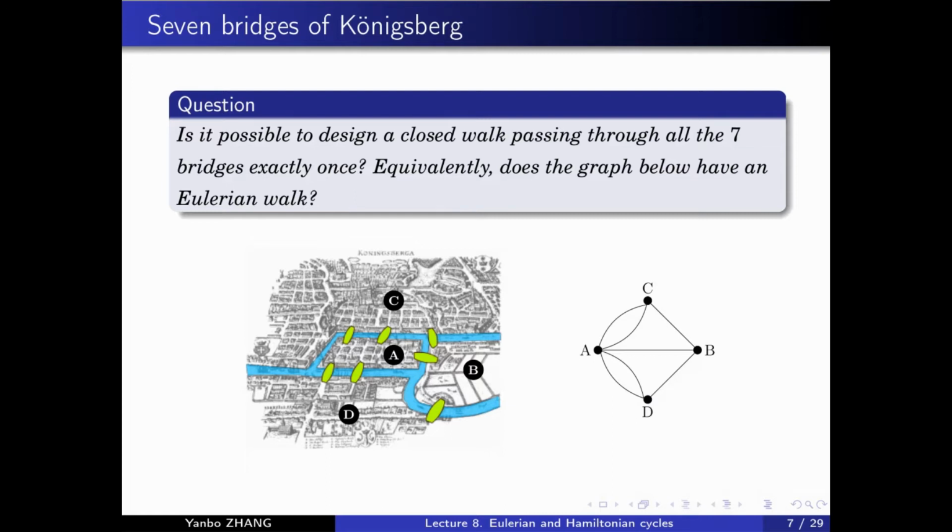This is the origin of graph theory. We can abstract the graph on the left into the graph on the right. Every vertex denotes a land, and every edge denotes a bridge. So the question is, does the graph have an Eulerian walk?